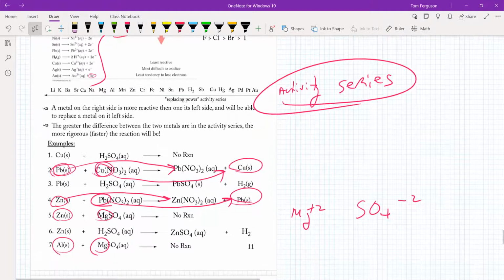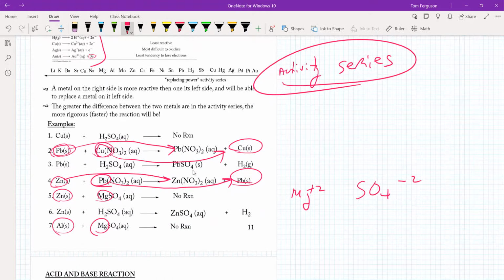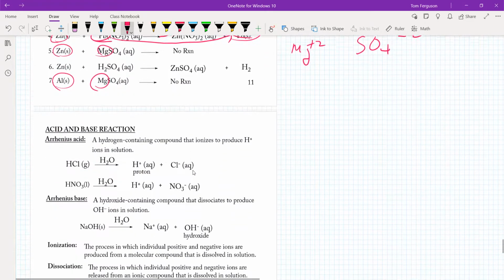Magnesium has already lost its electrons, so it's going to stay that way. So nothing happens. Again, I'm going to go over lots more of these tomorrow. This needs a lot of repetition on these guys.